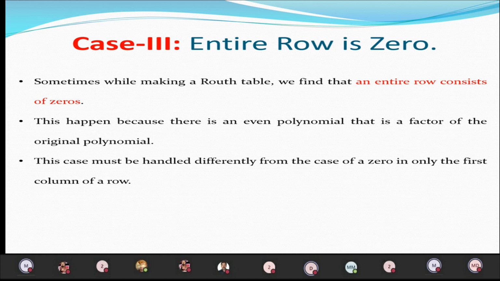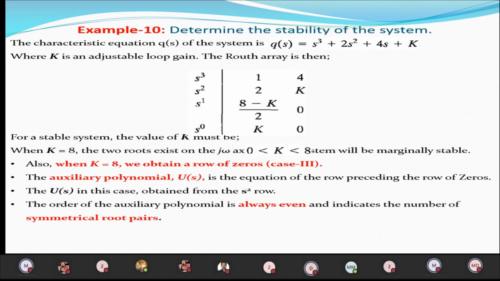And then we have to consider the next case, where an entire row becomes zero. So what happens? Whenever an entire row becomes zero, you have to consider the row above. You have to consider that as the auxiliary characteristic equation, taking the above row. That auxiliary equation is then differentiated.